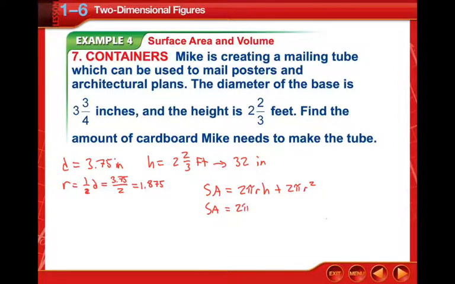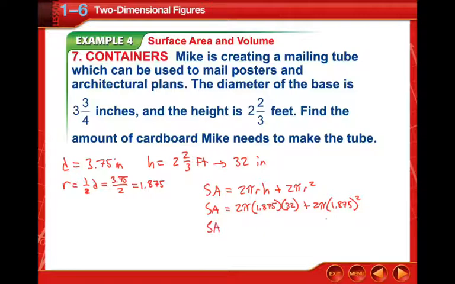So that's 2 pi times our radius of 1.875 times our height of 32 inches plus 2 times pi again times 1.875 squared.